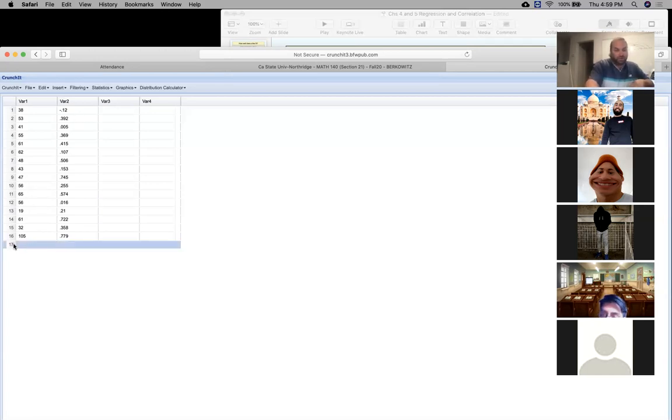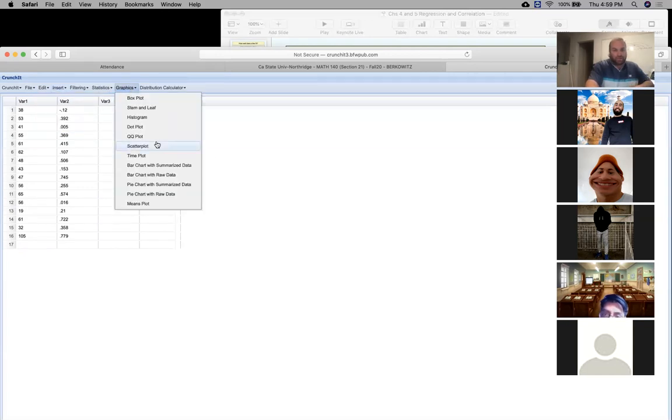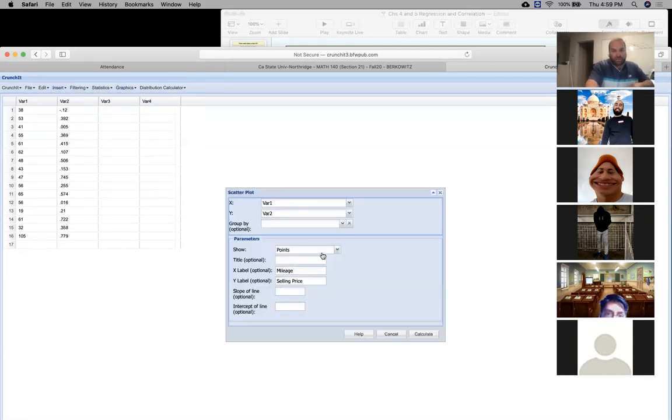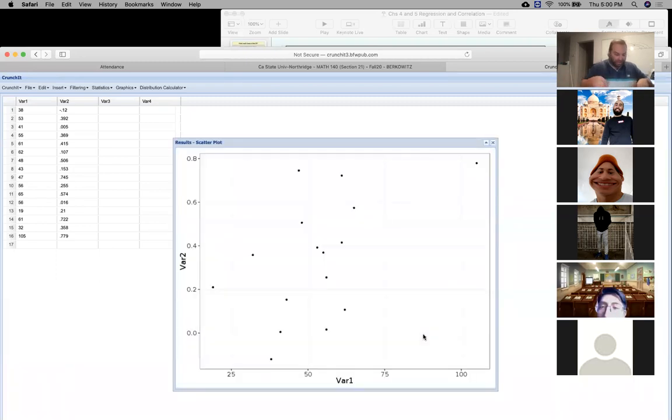Oh, we didn't need that. I don't know how to delete a line here. Edit, delete selected. Okay. So let's take a look at the scatter plot first. It's not mileage and selling price anymore, so let's get rid of that, and calculate it. And that is the scatter plot.